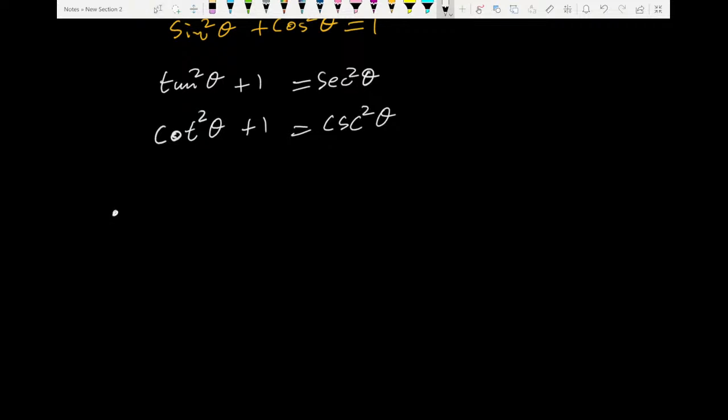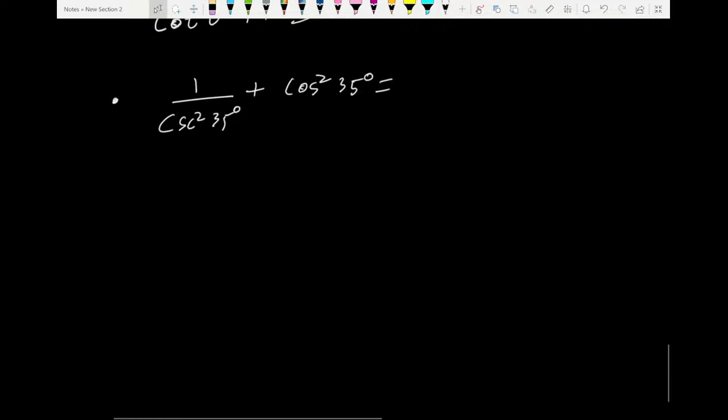Let's answer this one. 1 over cosecant square of 35 degrees plus cosine square of 35 degrees. What would that be? Well, we know what this is.